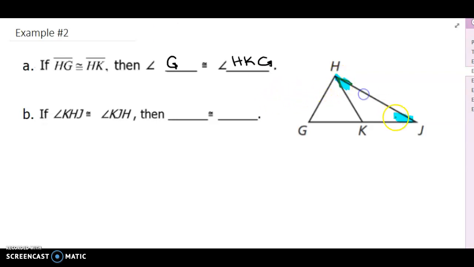This angle here and this angle here have nothing to do with this triangle on the left. So I'm going to focus solely on this triangle highlighted in yellow. I know that this angle is congruent to this angle, and so that means the opposite sides will also be congruent, so that means that KJ is congruent to KH.